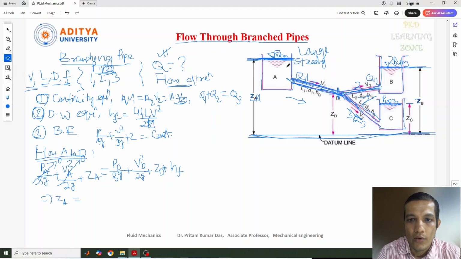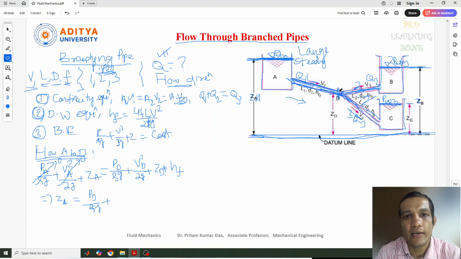equal to. Now come to the second one, the D point. At the D point there is pressure, PD by rho g, at the ending of the pipe. So we can write PD by rho g plus Vd squared by 2g. D point is situated at the junction of all these pipes.